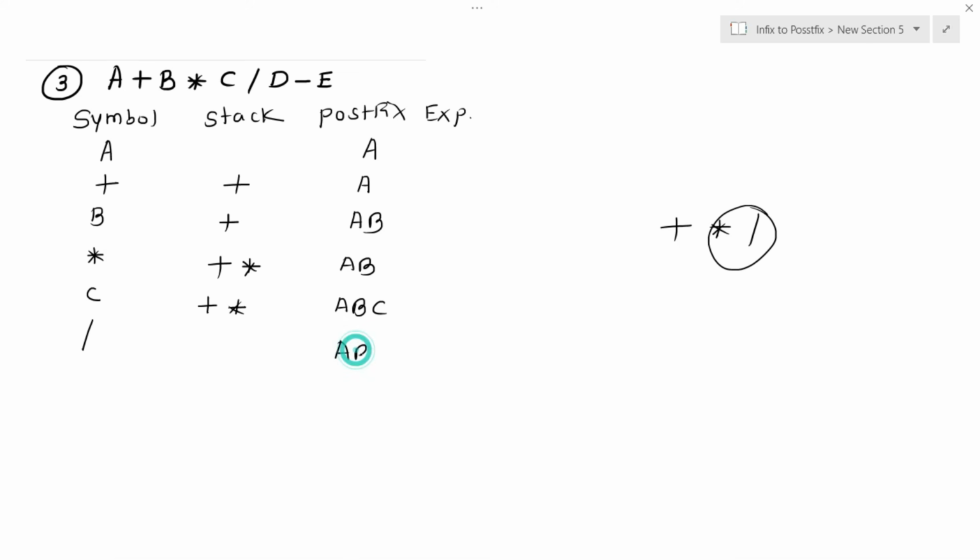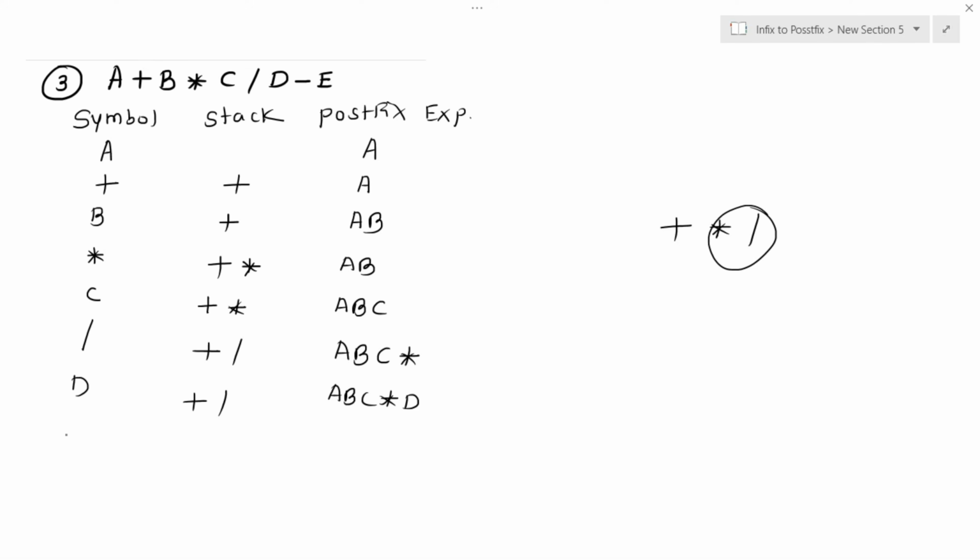So we remove multiplication from the stack and insert it into the postfix expression, and here we have plus and division. Okay, now the next symbol is D. D is an operand, so it directly goes to the postfix expression, and here we have plus and division.